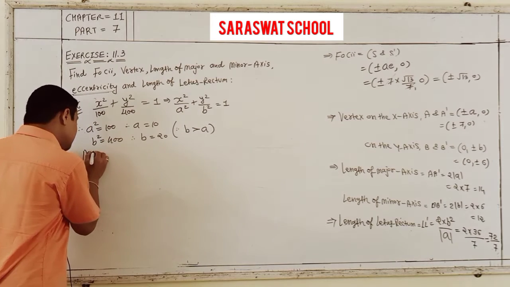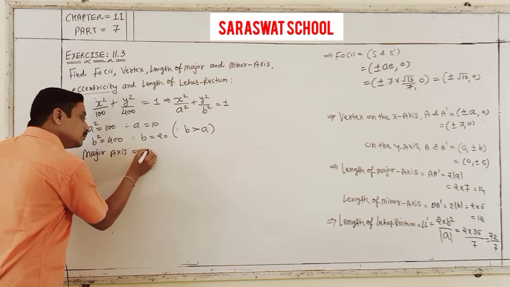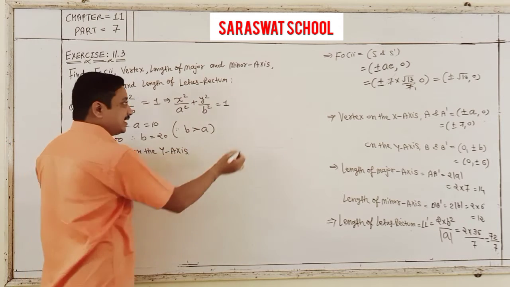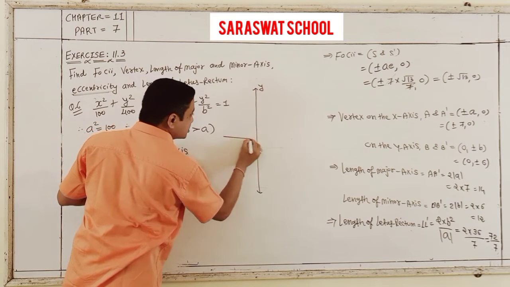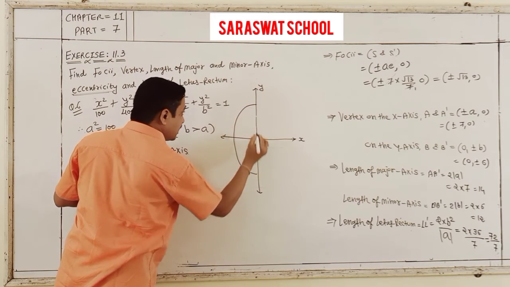So major axis is on the y-axis, and y-axis related, I just draw my figure, y-axis and x-axis, and that's your ellipse.